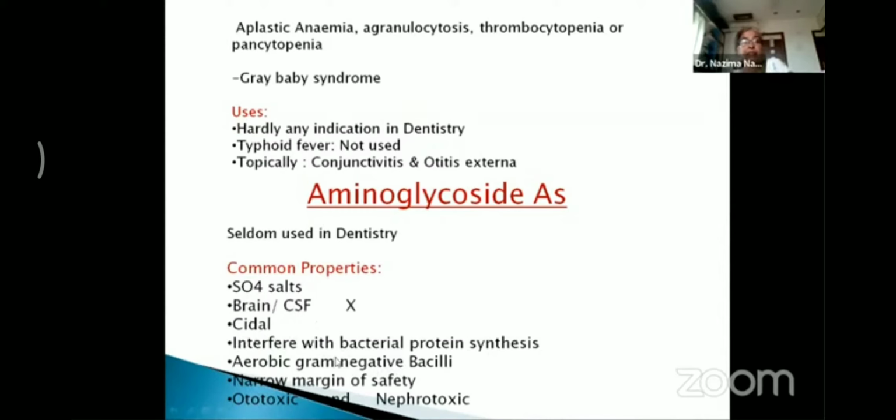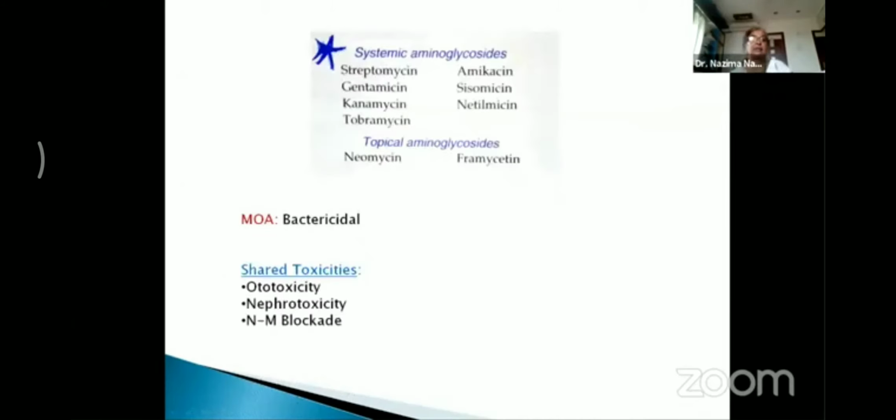They interfere with the bacterial protein synthesis, and they have got a narrow margin of safety. And also they are ototoxic as well as nephrotoxic. Because of these side effects, these drugs are hardly preferred nowadays.